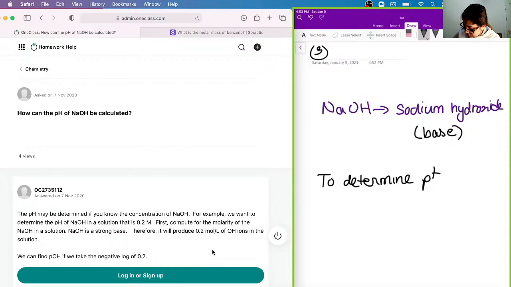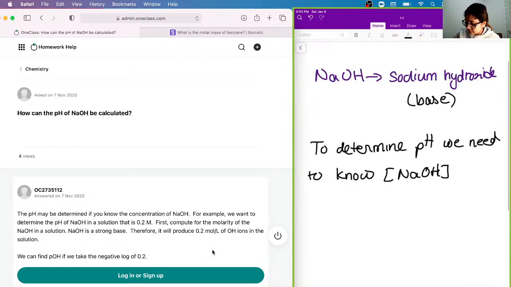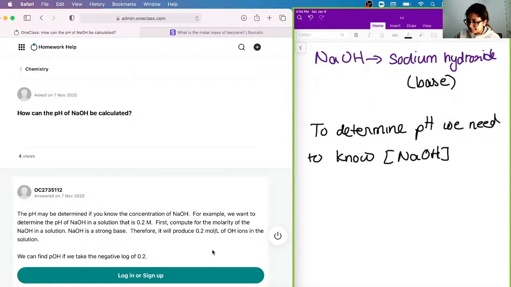For any pH that needs to be solved, we need to have a given concentration. That is very, very important. Since it's not given, they just want to know the method of calculating the pH.